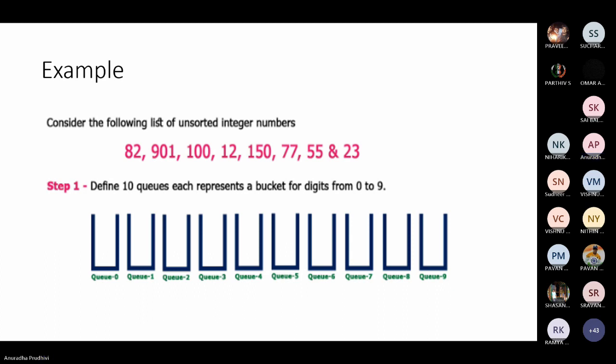Next one is 1, right? So 1 is 901. Next is 2, so 82. Next 12. Next 3, right? 3 is 23.